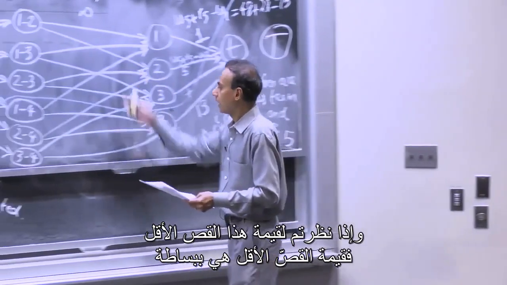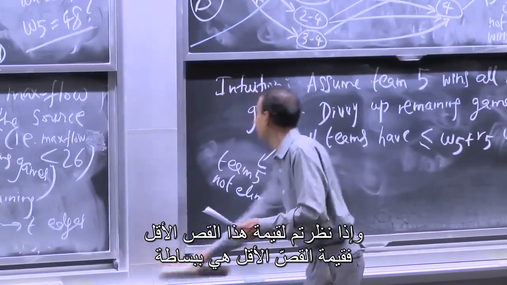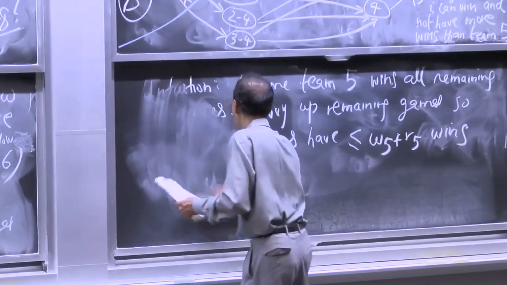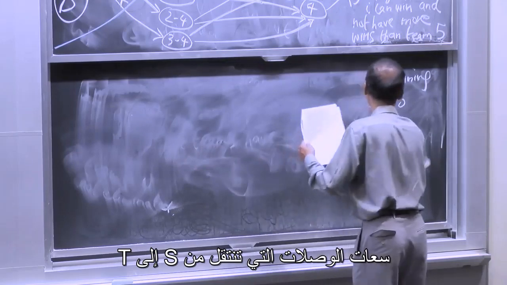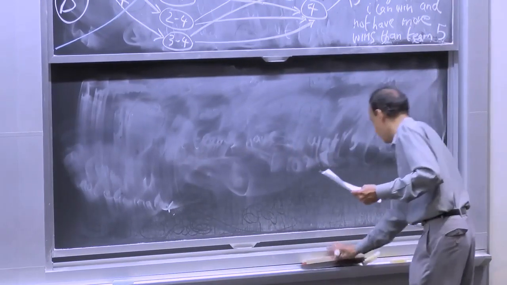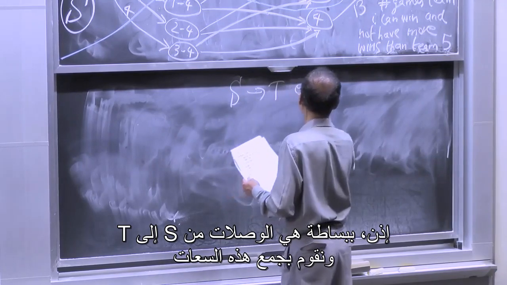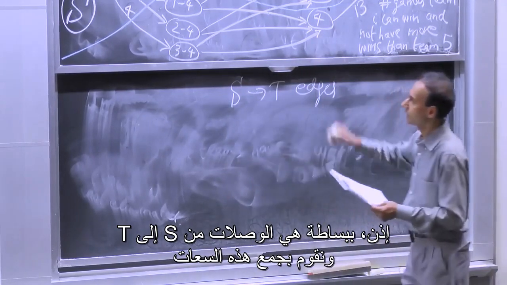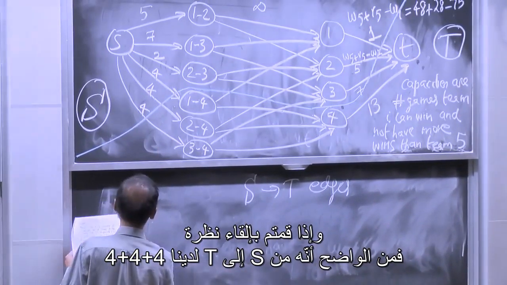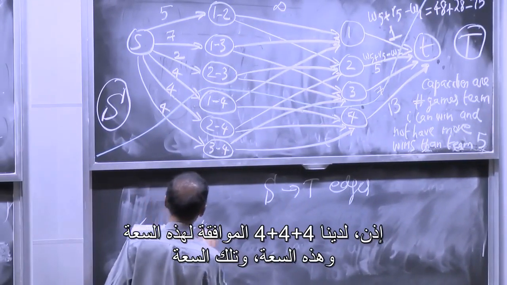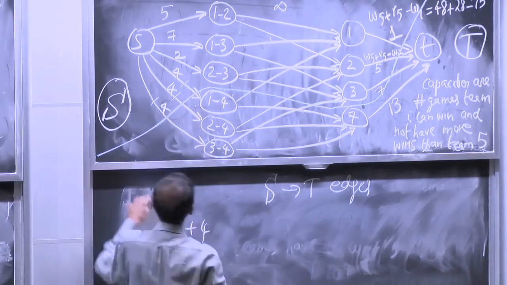And if you look at what the value of this min cut is, the value of the min cut is simply the capacities of the edges that go from S to T. Okay? So it's simply the S to T edges and summing over the capacities. And if you take a look, obviously S to T, you got 4 plus 4 plus 4, corresponding to this one, and that one.